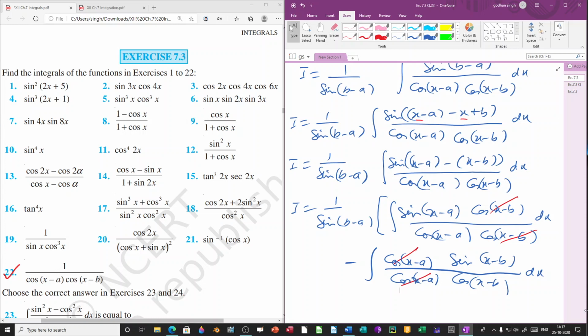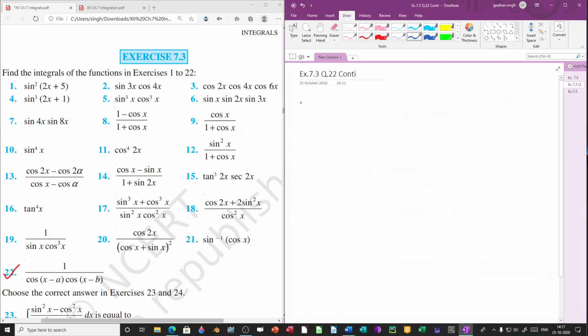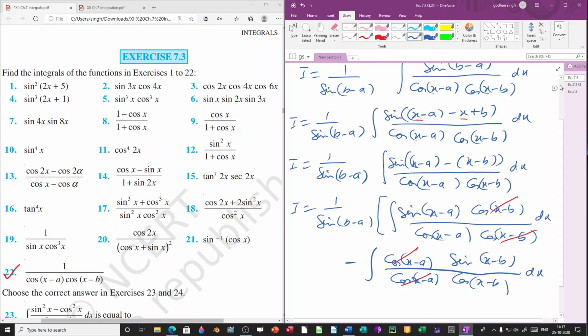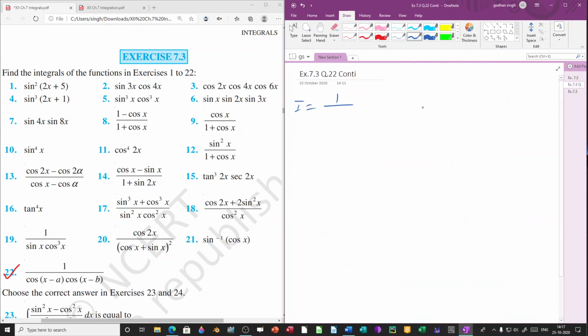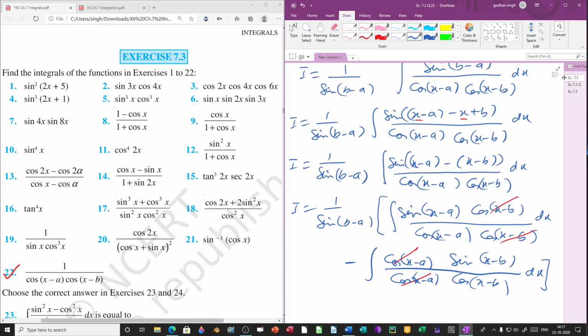So this further can be written as I equals 1 over sin of b minus a integration of sin over cos, that is tan.